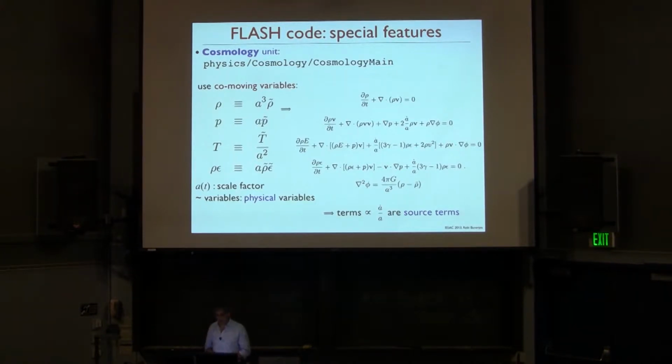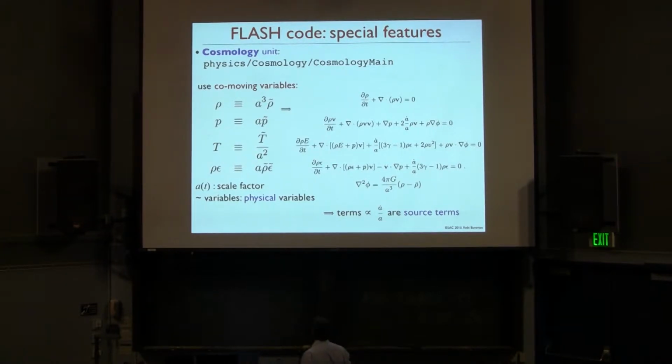The main idea, and this is essentially true for every code, is that you rescale your variables into variables which are called co-moving variables. You essentially take out the dependence on the expansion of the universe, the scale factor. For instance, the matter density, if the universe expands, dilutes as normal matter, so with the volume, so it gets a scale factor to the power of 3 here.